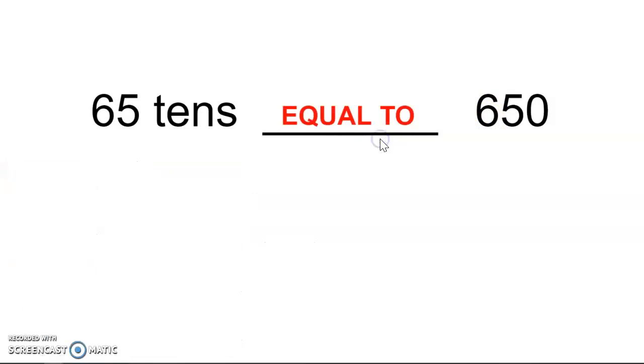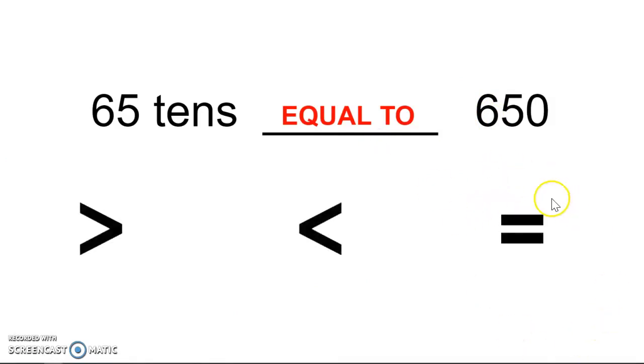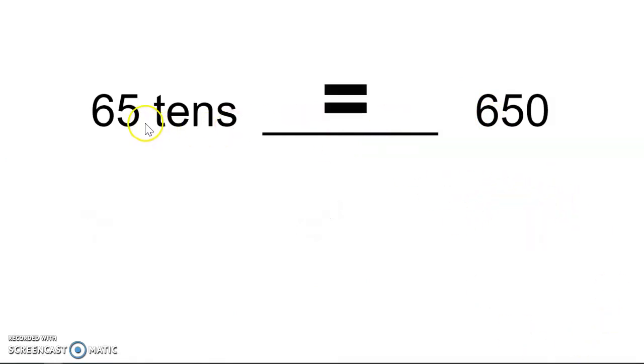And if I want to use a comparison symbol, then I know I need to use the equal symbol. And I'm going to read across: 65 tens equals 650. Once again, using all sorts of place value strategies to share my thinking when comparing two 3-digit numbers.